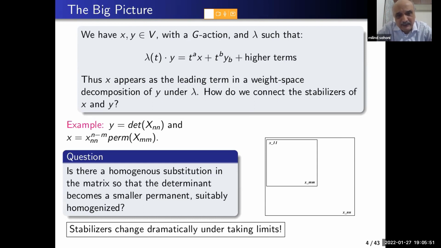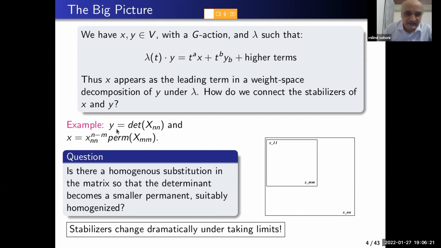The basic example coming from GCT is when we have a large n by n matrix, and y is the point determinant, and x is the point permanent of a smaller matrix, homogenized to make it the same degree. And we in fact know that for a given m there is a large n, so that x does in fact appear as a leading term of y.